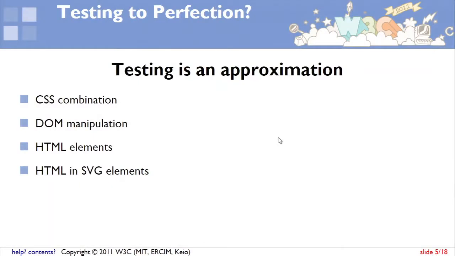So, is it possible to test to perfection? Well, testing is an approximation. If you take a simple specification, you can certainly write a series of tests for that, and it will work. I wrote one recently, which was testing a property on the window object in JavaScript.